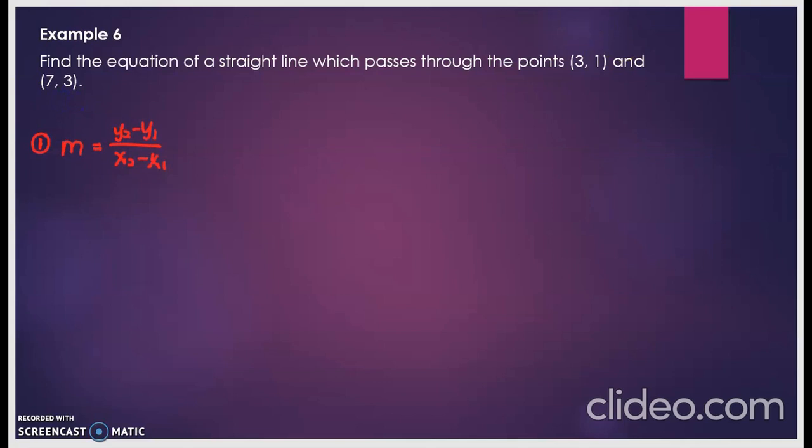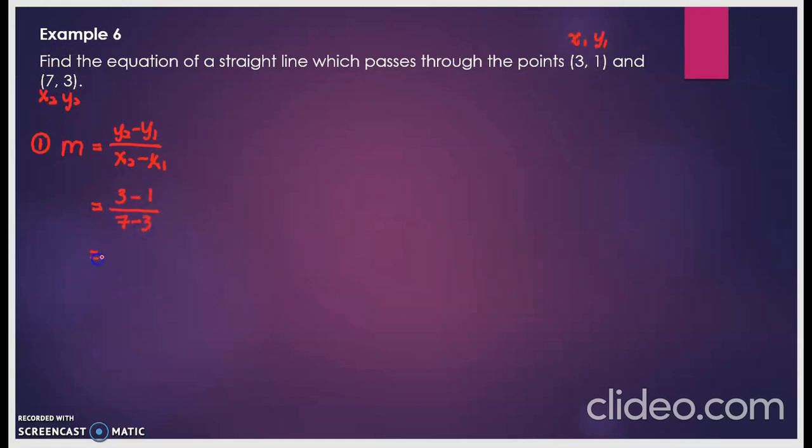So let's say I label the points x1, y1, x2, y2. So based on the formula, y2 will be 3 minus y1 is 1, over x2 is 7 minus x1 is 3.